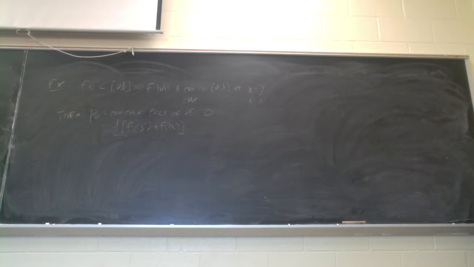Now, can anyone explain, using the oscillation theorem, why P0 has to be the minimax polynomial of degree 0? Can you explain why it actually does satisfy these conditions here for the n equals 0 case?